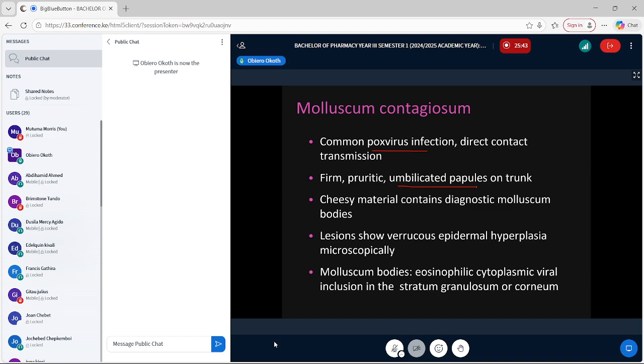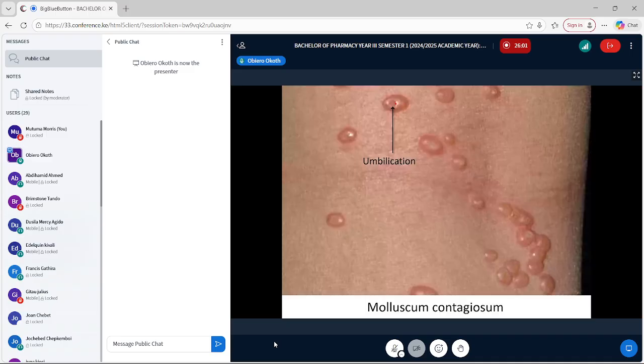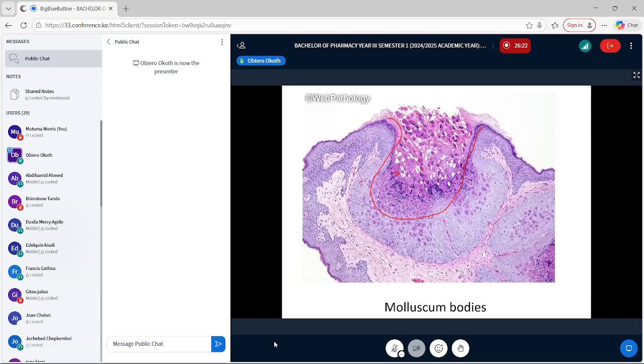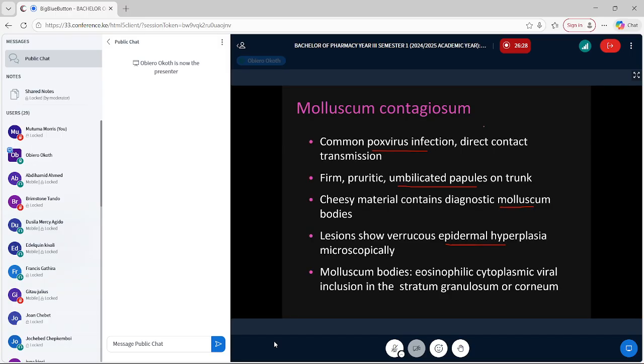And under the microscope, there's epidermal hyperplasia, and you see an umbilicated center. You look under the microscope and you see this cup-shaped formation. These are molluscum bodies from a pox virus, molluscum contagiosum.